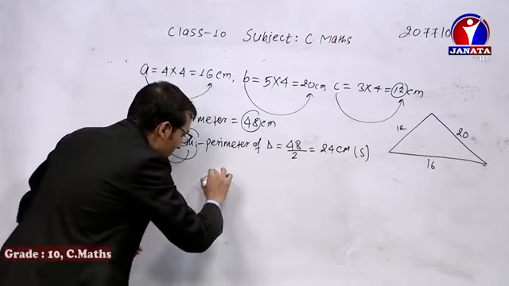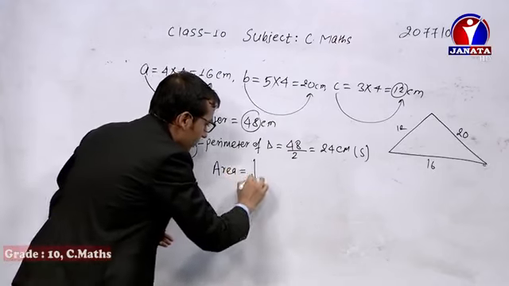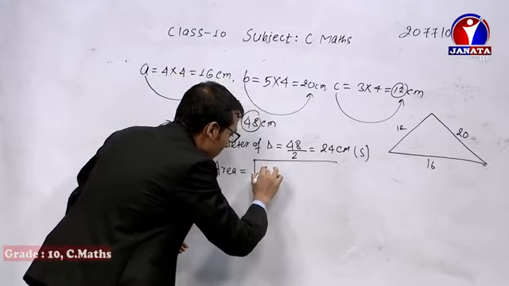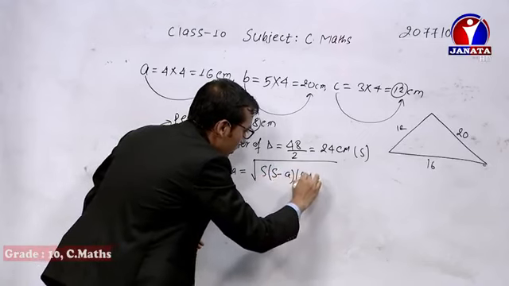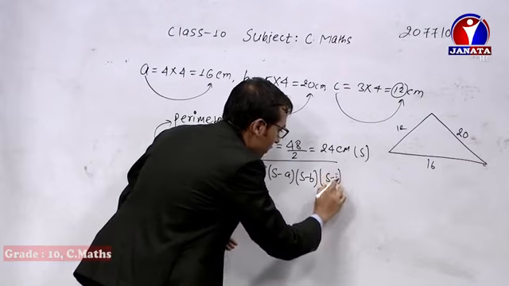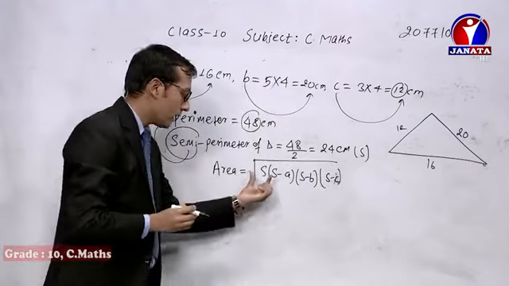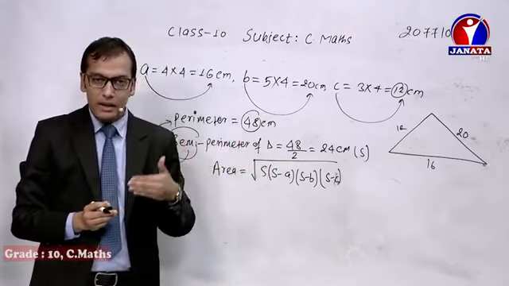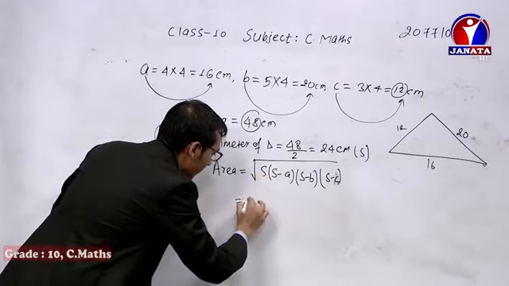So what is the formula to find area? Area of this triangle is square root of S times S minus A, S minus B times S minus C. Now we can substitute the value of S, A, B and C and then we can calculate the area.